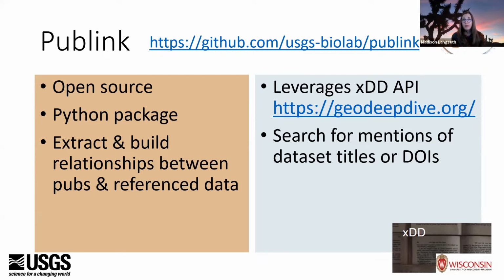So XDD is deployed over cyber infrastructure capable of supporting many different text and data mining applications. And PubLink uses the RESTful XDD API to search for mentions of dataset relevant terms, including dataset DOIs or titles within the full text content of the entire digital library. So this unique method allows PubLink to capture references to data sets that predate adoption of data citation principles and data citation indexing efforts.